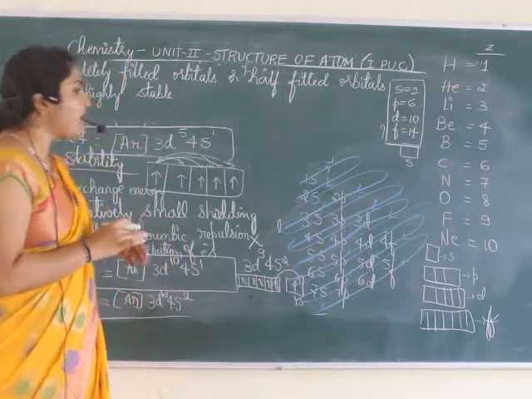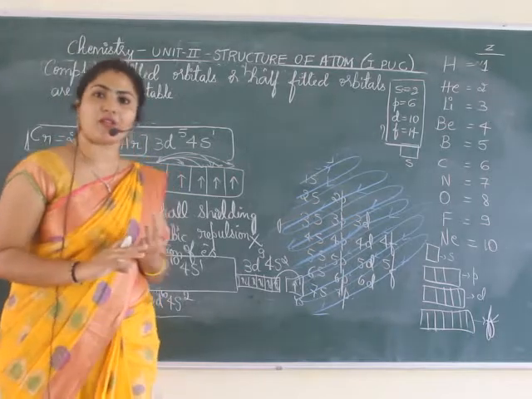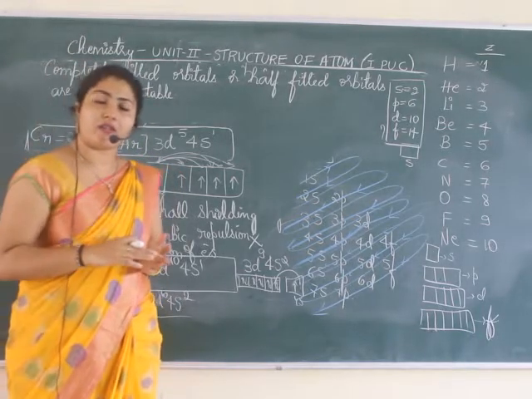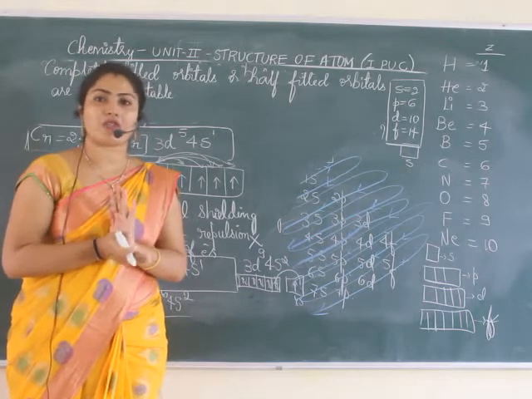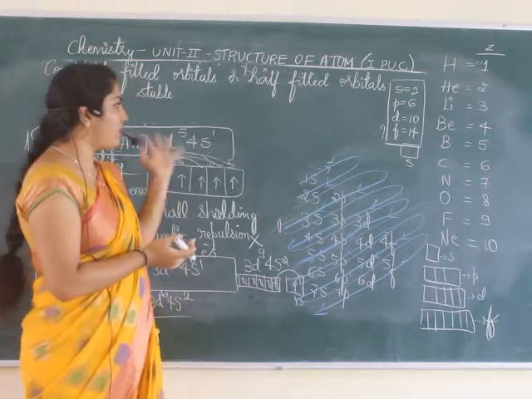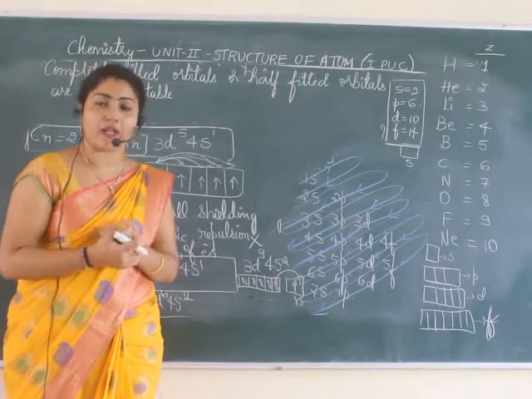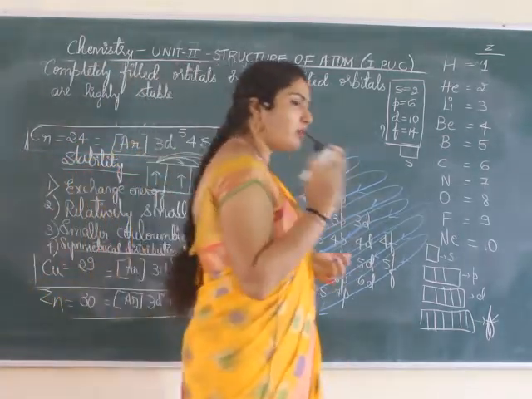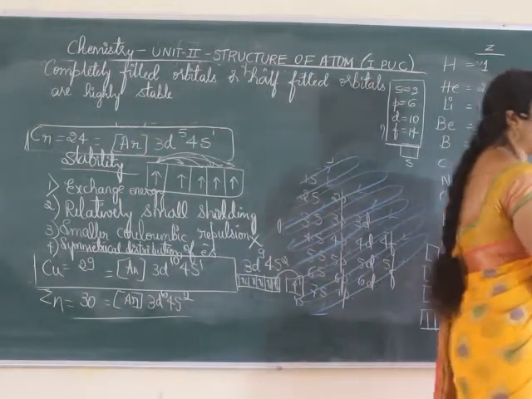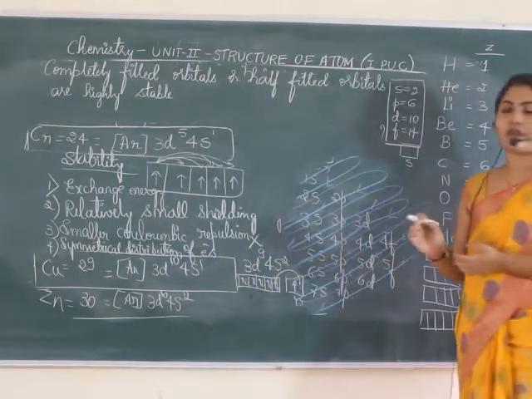So hope in this class we have discussed electronic configuration of the different notations. We have studied SPDF notation and orbital diagram notation. Concentrate on all the important rules which we have discussed or principles that we have discussed. Make a note of it.